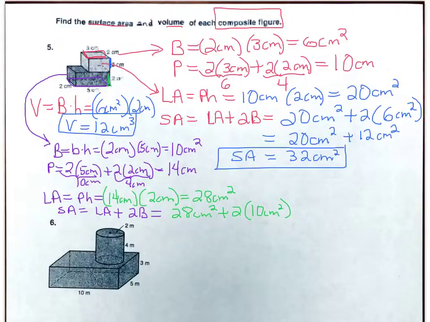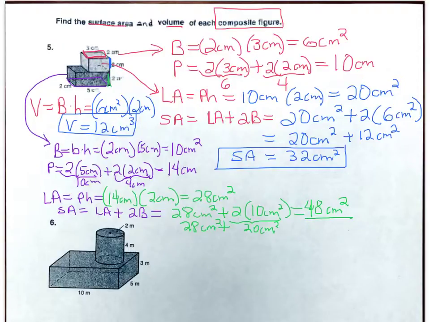When you multiply 2 times 10, that is 20. Add it to the 28. Add them up, and the surface area is 48 square centimeters. So this is the surface area of the bottom, okay?